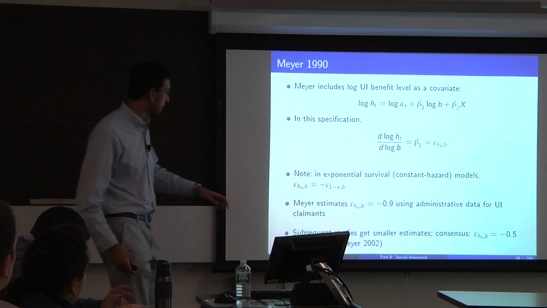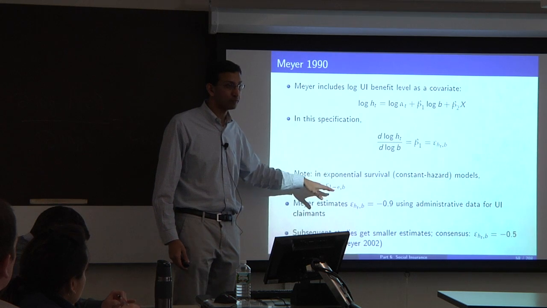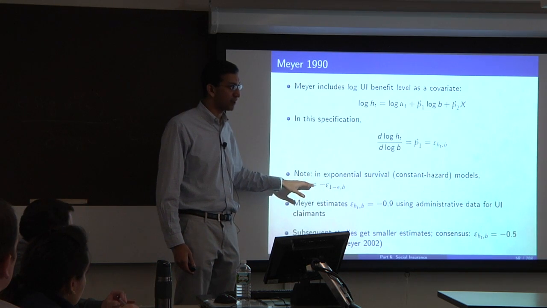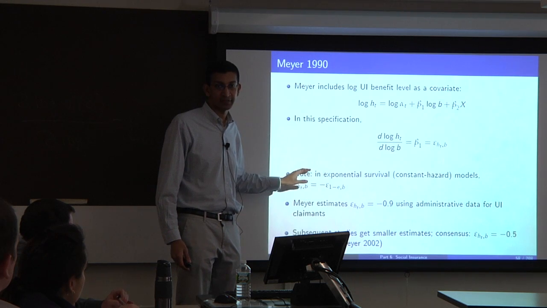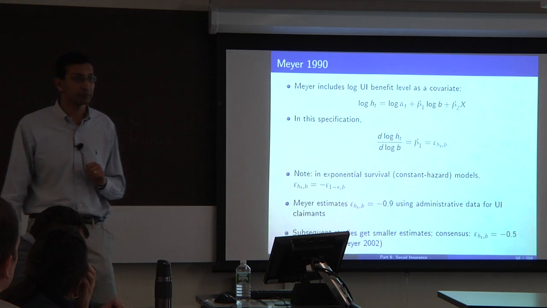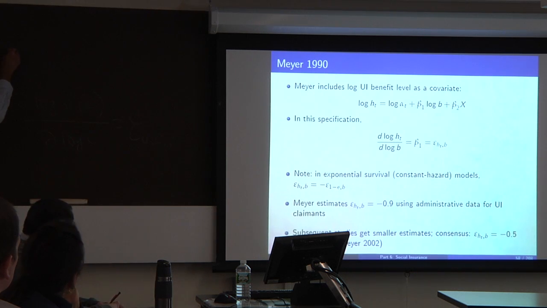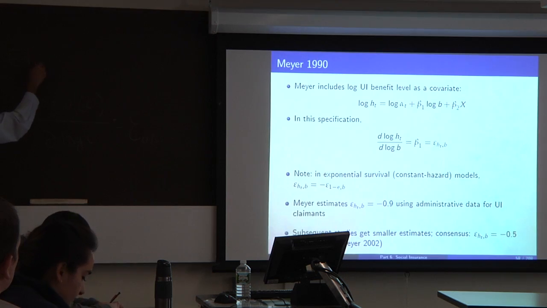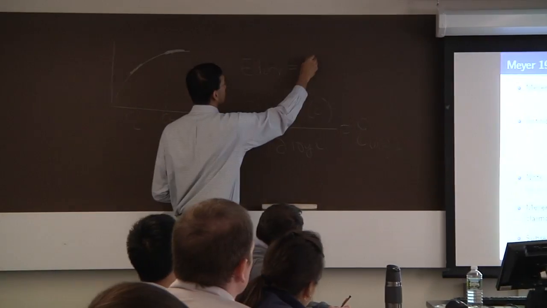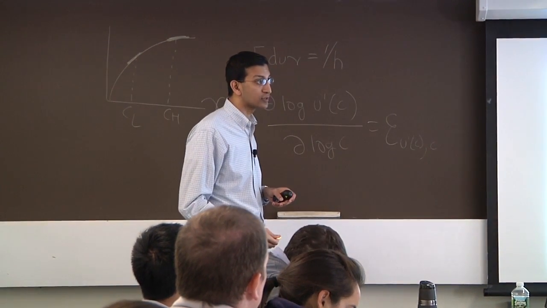And so it follows immediately that the elasticity of the duration of unemployment with respect to the benefit level is just negative the elasticity of the hazard rate with respect to the benefit rate. So does that make sense? What I'm saying is that the expected unemployment duration is equal to 1 over h if the hazard rate is not varying across periods.